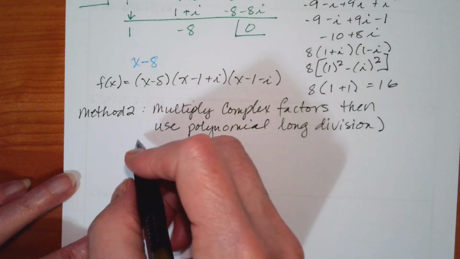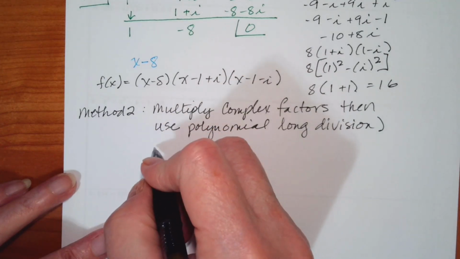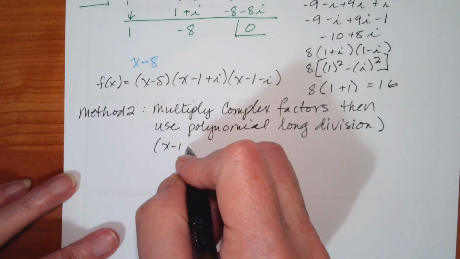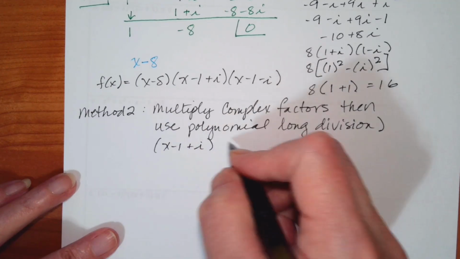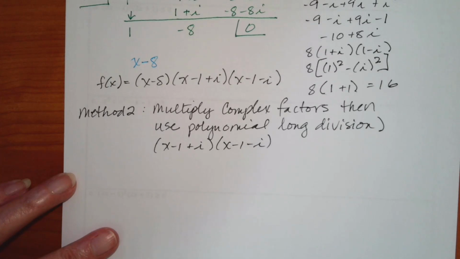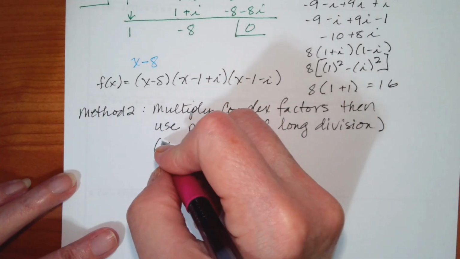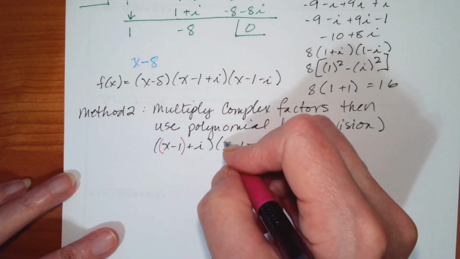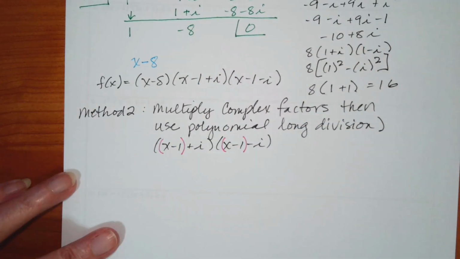All right, so my factors are x minus 1 plus i times x minus 1 minus i. Now, as I'm looking at this, I see that I can put parentheses here and parentheses here, which means I have a difference of squares.